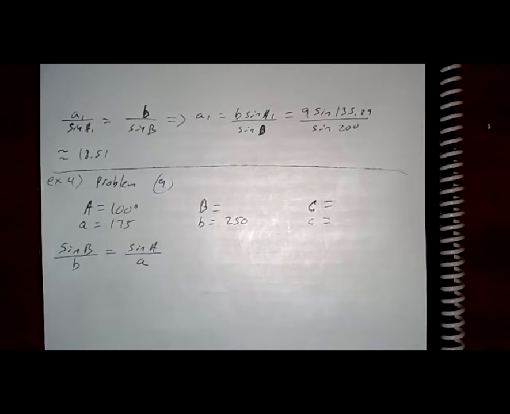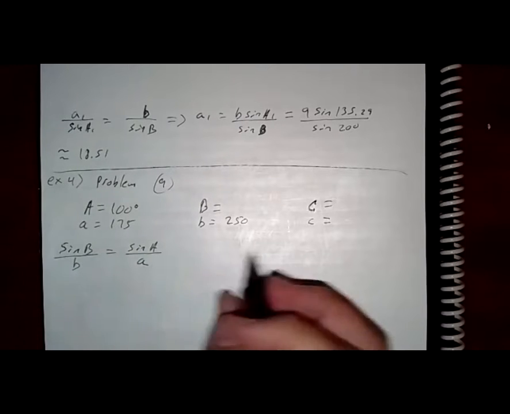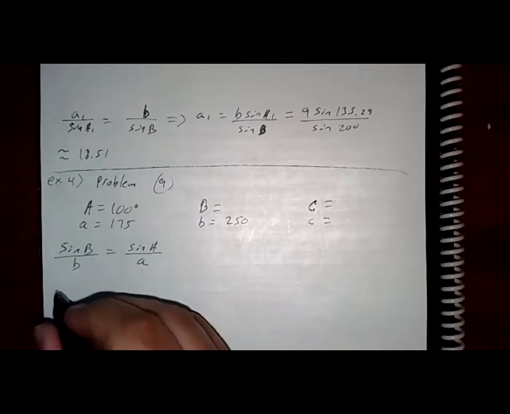Okay, so multiply both sides by little b.